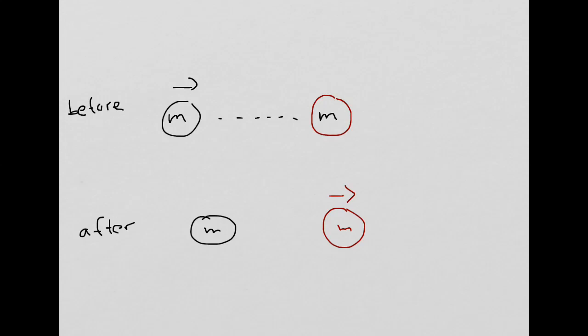Okay? So let's just call this velocity v. The momentum before is mv, plus the momentum of the second ball, which is m times 0, because it doesn't have velocity. So that's just equal to mv.